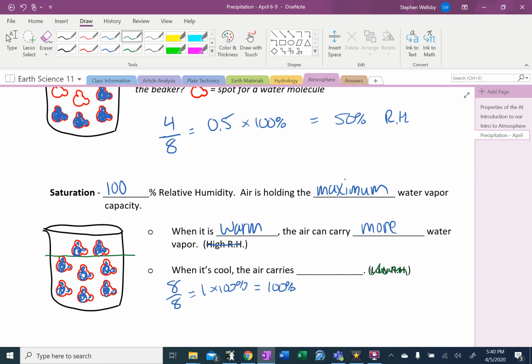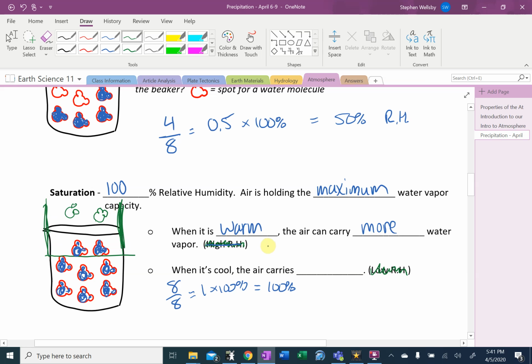And so if you warm up air, let's say I were to make this warm again, so now I can hold 10 molecules and I've only got 8 in there, this would mean that I have a lower relative humidity. With my new warmer air, I'm able to hold 10, I only have 8 at the time, and so it's going to be a lower relative humidity.